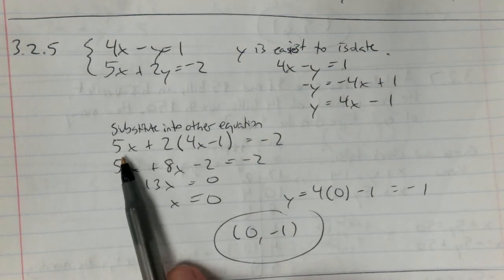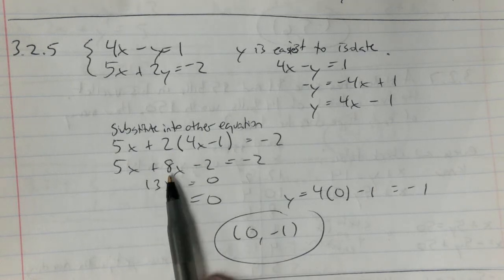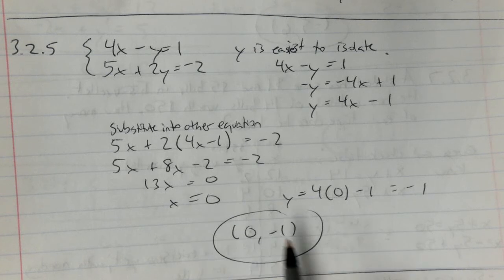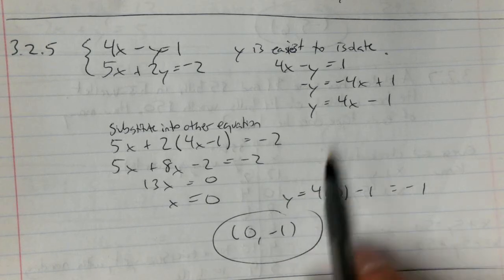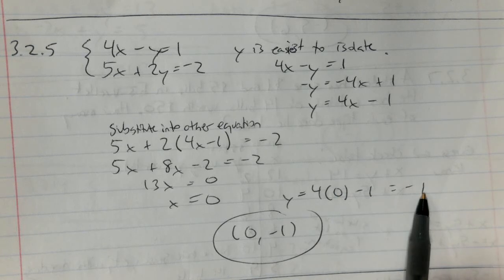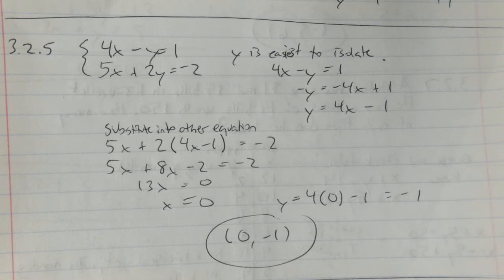So we have to distribute the 2 and then work from there, and you get x equals 0. Once you have that, then you can say y equals 4 times 0 minus 1, which gives you negative 1. So your answer is (0, negative 1).